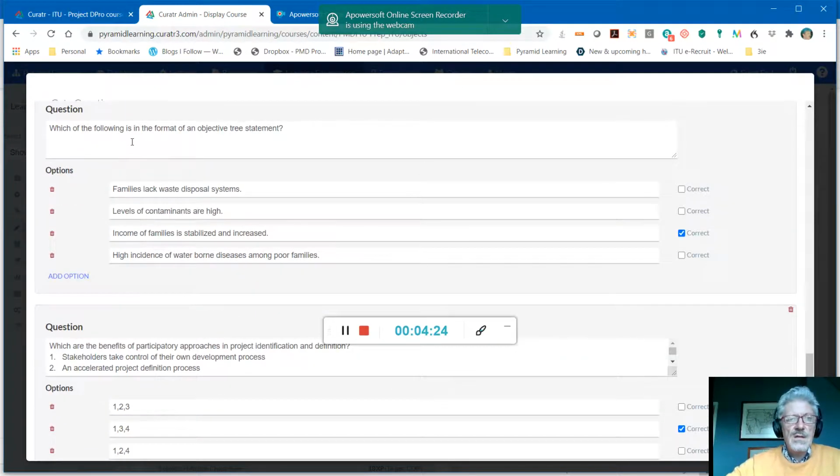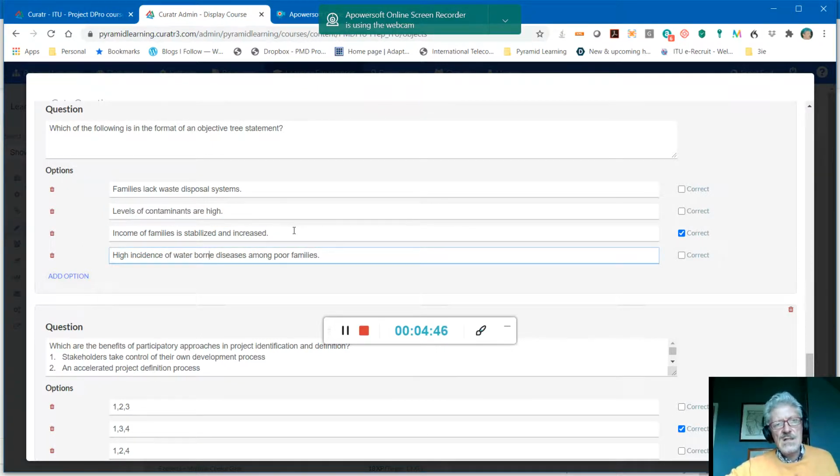Which of the following is in the format of an objective tree statement? So objective trees are like positive reflections of a problem tree. Well, problem trees are usually negative statements. So we look at this. They lack waste disposal, that's a problem. Contaminants are high, also negative. High incidence of waterborne disease, negative.